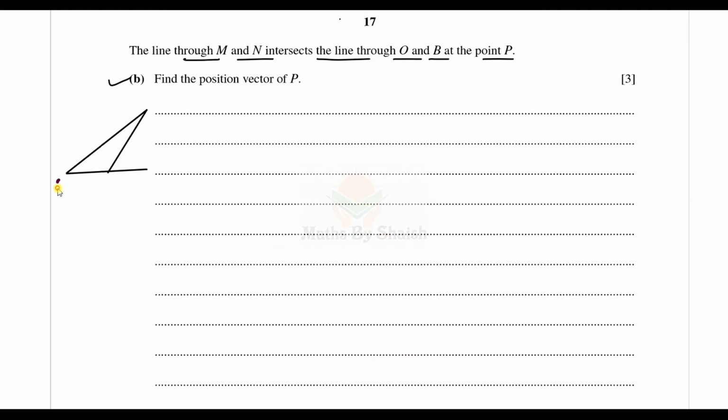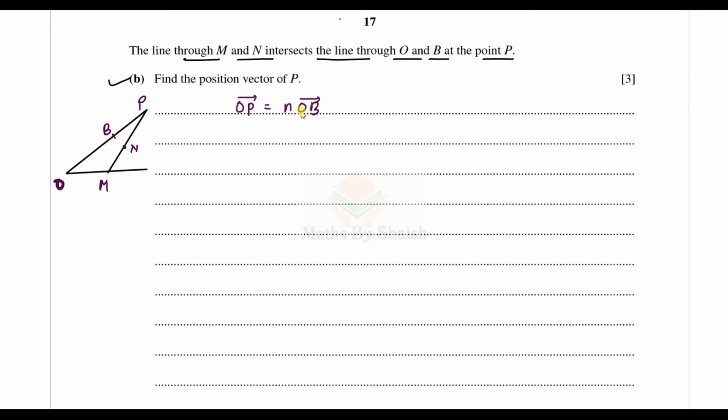If this is O, here it is B, and then P will be here, and it is M, and N will be here somewhere. So it says that this P is the intersection point of the line through OB and MN, and we need to find the position vector of P. But we know from here that OP vector is going to be some multiple, n times OB vector, because they are in the same direction.